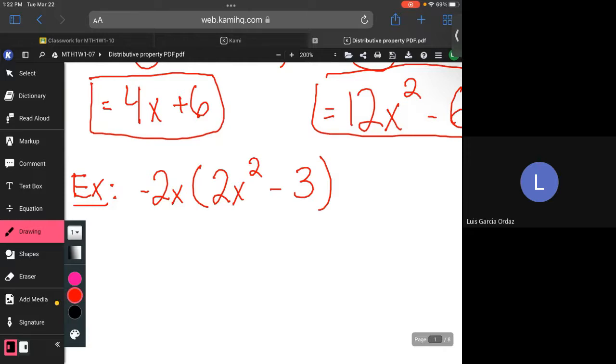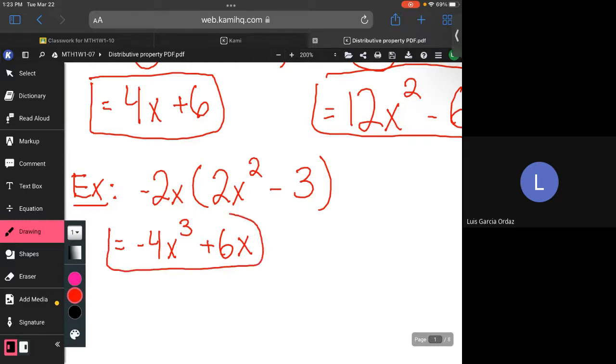Remember, start with your numbers and then work with your variables. Anyone got this one? Maya? It's going to be negative 4x cubed plus 6x. Yep. So how many of you got negative 4x cubed plus 6x? Okay, good. We don't have to simplify because we don't have any like terms.